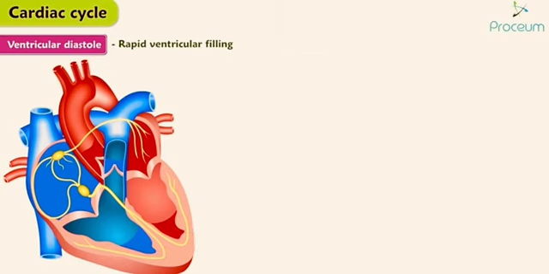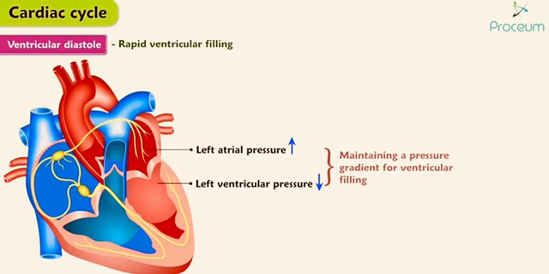In ventricle diastole, third is rapid ventricle filling. There is rapid filling in which the left atrial pressure continuously increases and the left ventricle pressure continuously decreases, maintaining a pressure gradient for ventricle filling, because when the mitral valve opens, blood goes from high pressure to low pressure, from atria to ventricle.